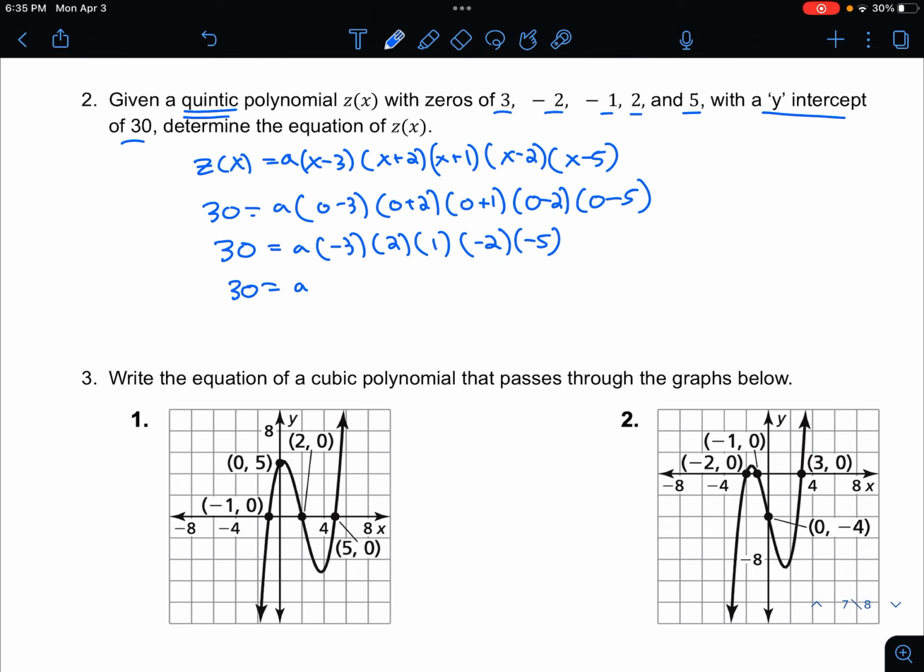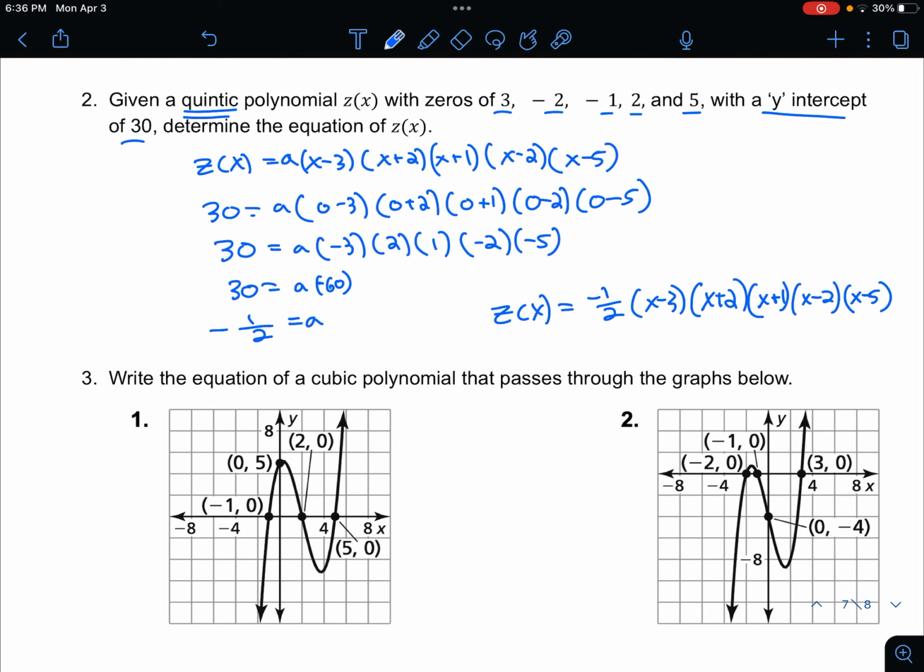So 30 equals a times 60, or 60a. Therefore, a is equal to 1/2. But it was -60, so it's -1/2. Putting it all together, I get z of x equals -1/2, x minus 3, x plus 2, x plus 1, x minus 2, x minus 5.